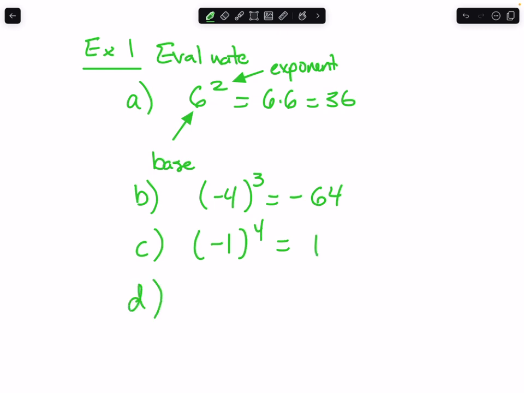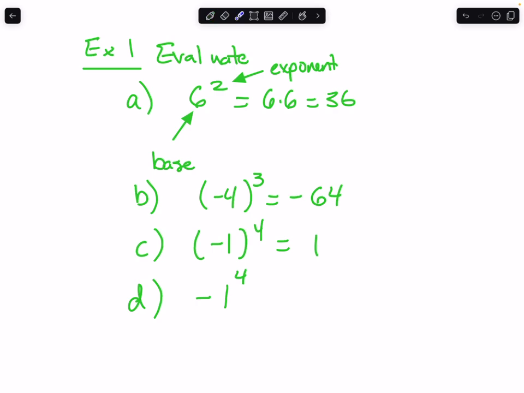Let's look at a similar problem where we have negative 1 just raised to the 4th. Notice we don't have the parentheses this time. Well, our order of operations, as we'll discuss further as we go on, deals with exponents before multiplication.